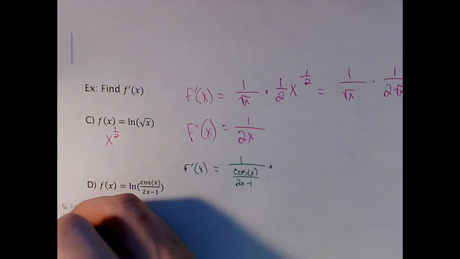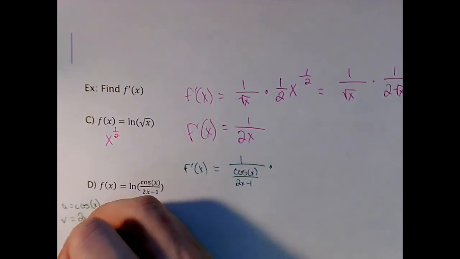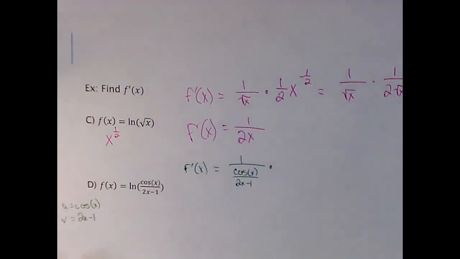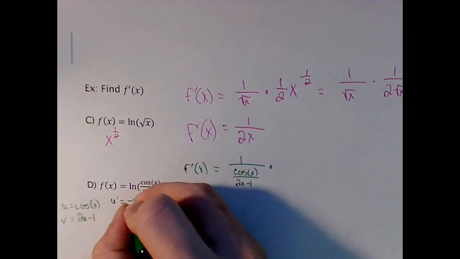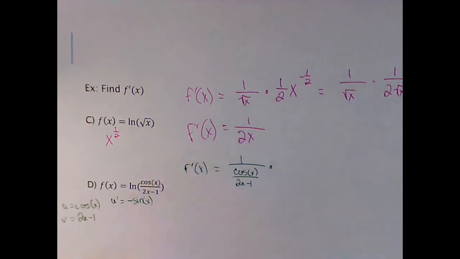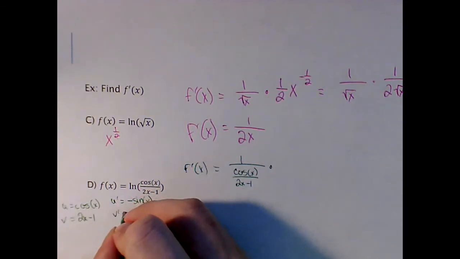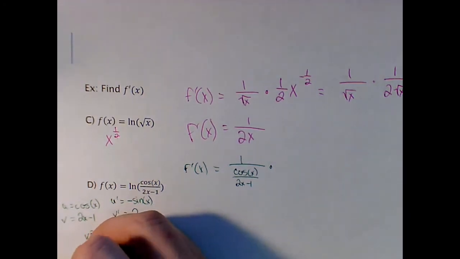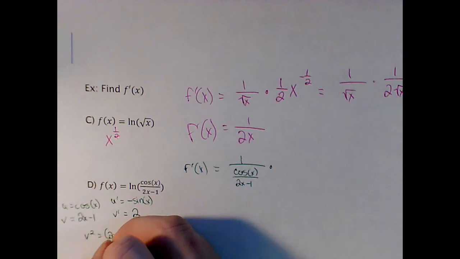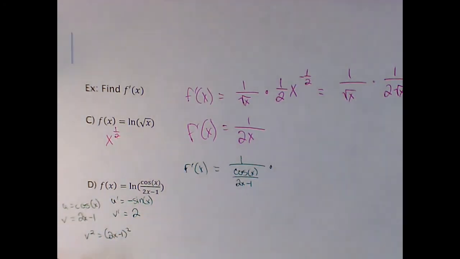I'm going to let v equal 2x minus 1. U prime is going to end up being negative sine x. V prime is just 2. And v squared is going to be 2x minus 1 squared. And I'm not going to FOIL that out yet, just in case things simplify.